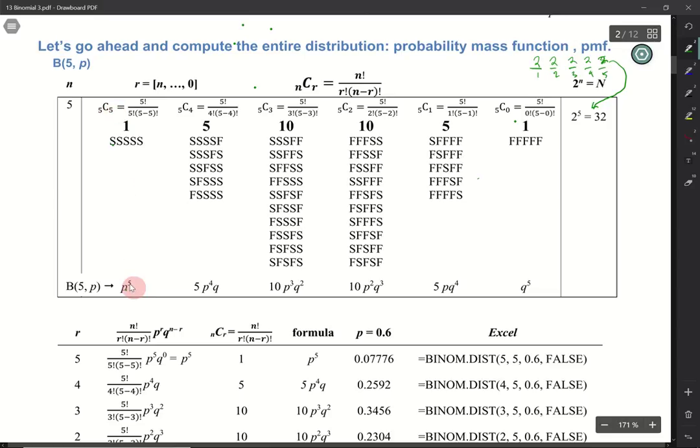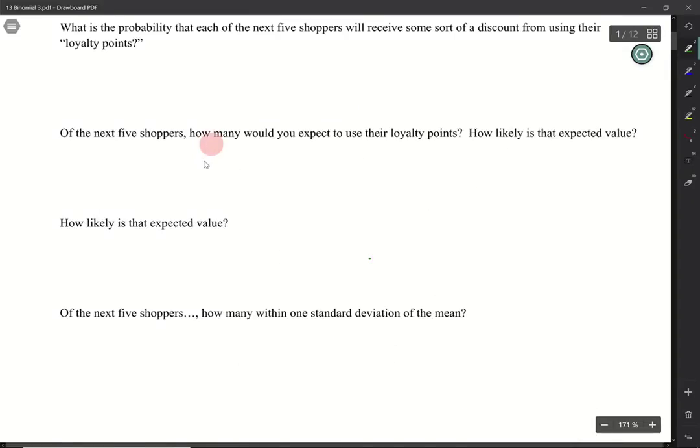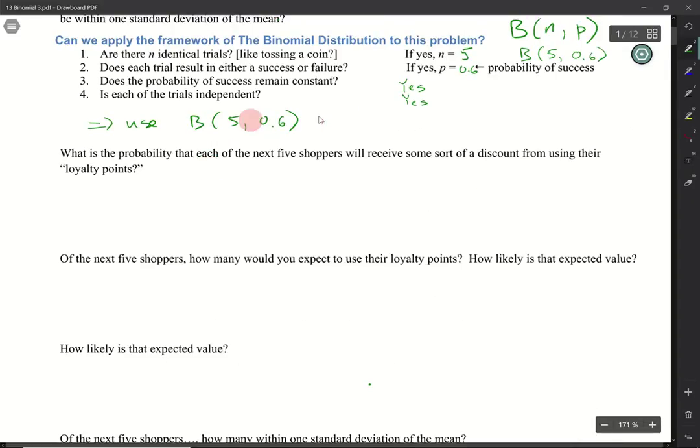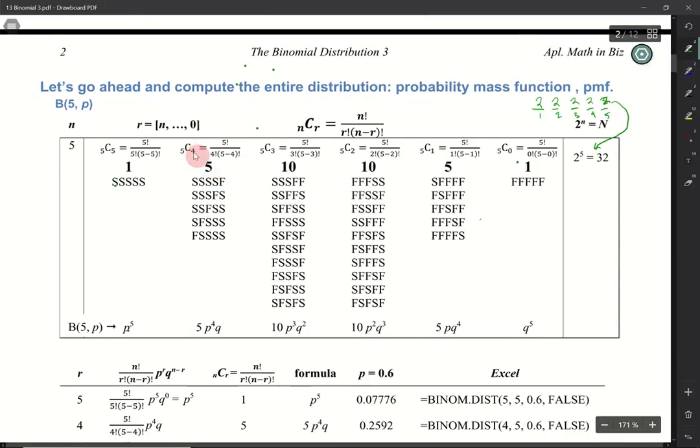Okay, so marching right along, when we deal with these binomial distribution problems, sometimes you want to know, if there's 5 total possible, what's the probability of success of 4 of them?